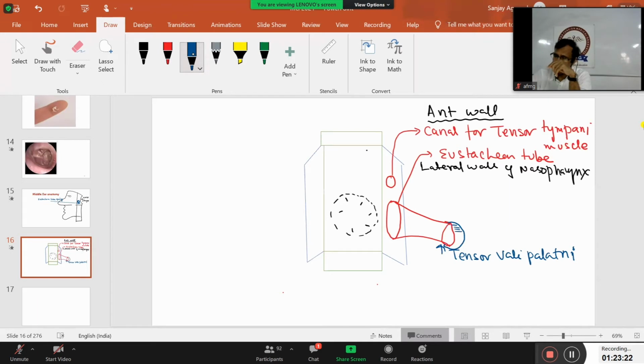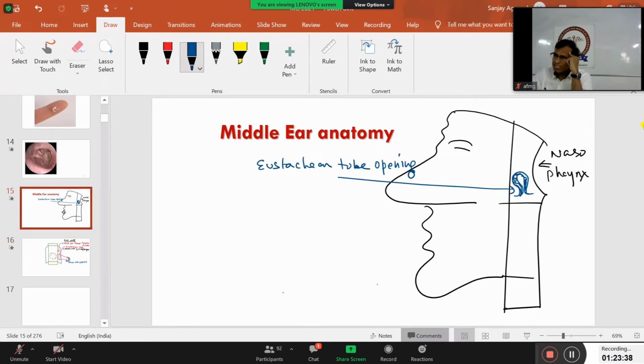The muscle is here actually. If you look at this diagram, there is a bulge here. Why is this bulge? Because of the muscle.